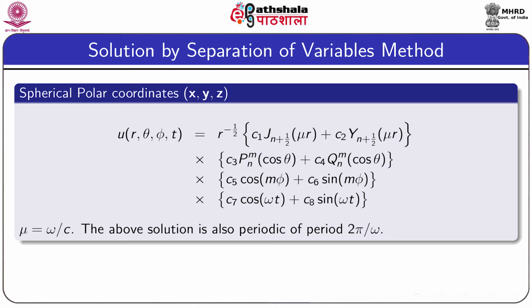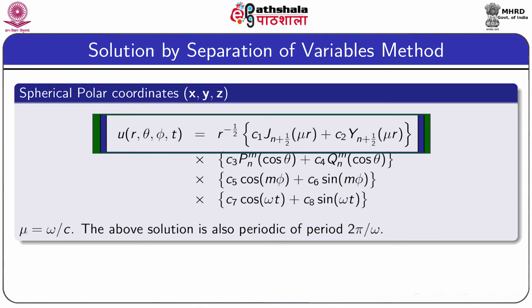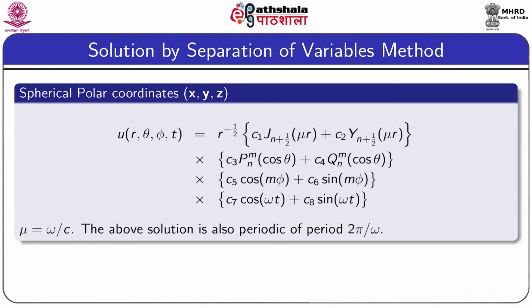So, the general solution for capital S can be written as C1 j n plus half mu r plus C2 y n plus half mu r, where j and y are Bessel functions of the first kind and second kind and of order n plus half. Therefore, the solution capital R can be written as R to the power minus half into S.